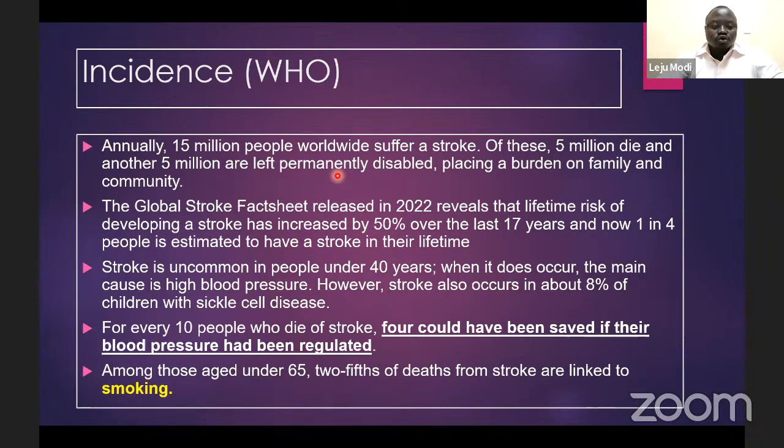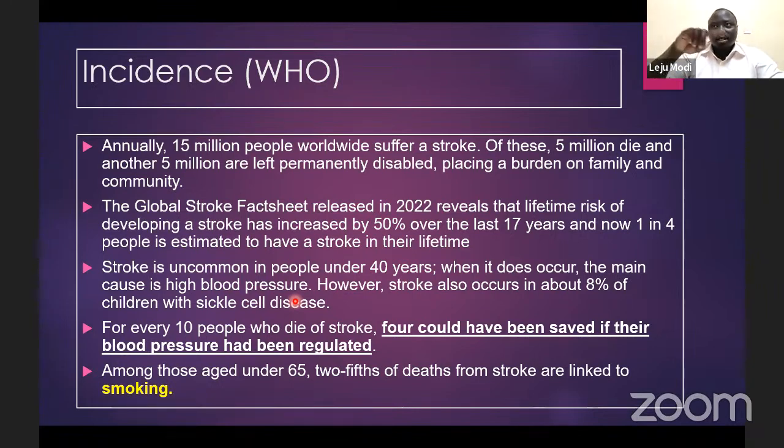Okay, so stroke is uncommon in people under 40 years, but if it does happen, the main cause is usually high blood pressure. Okay, however, it can also occur in about 8% of children, especially those with a disease called sickle cell. The problem with the sickle cellers is that their red blood cells, the shape, as the name suggests, is like that of a sickle.